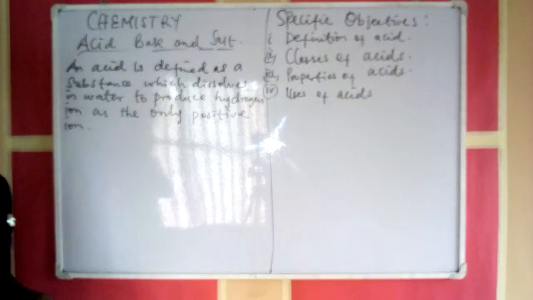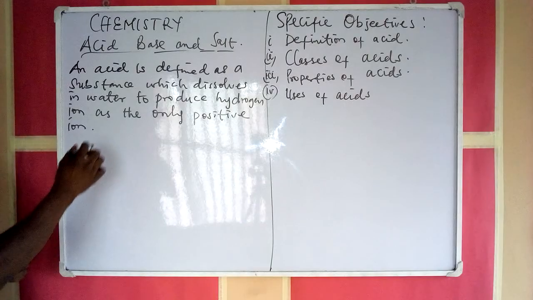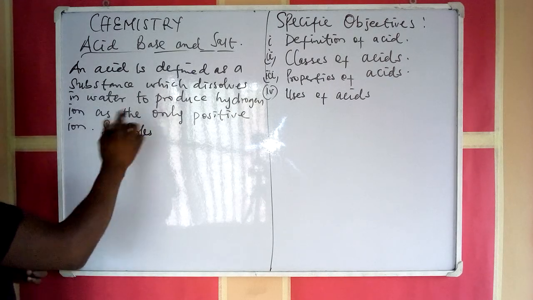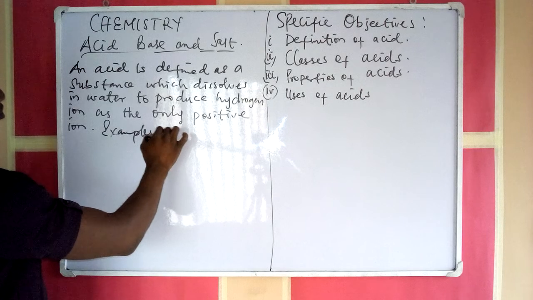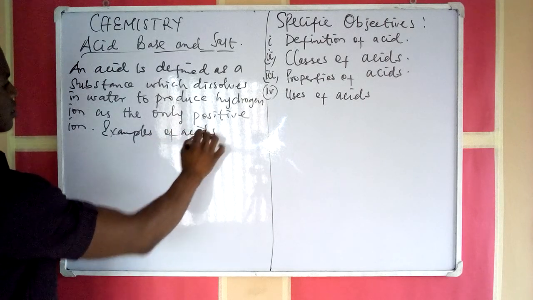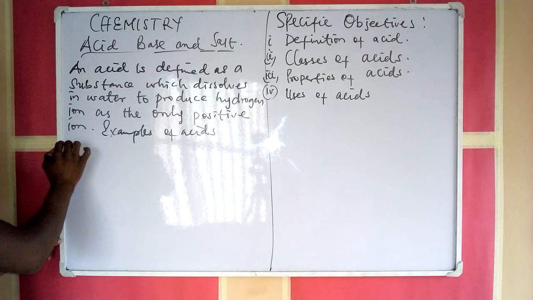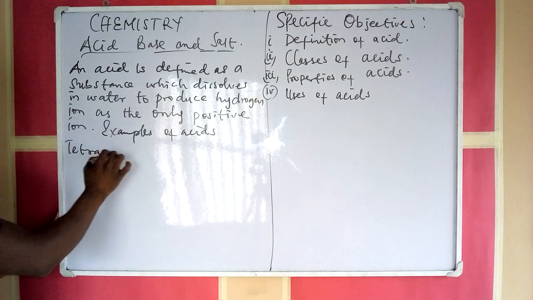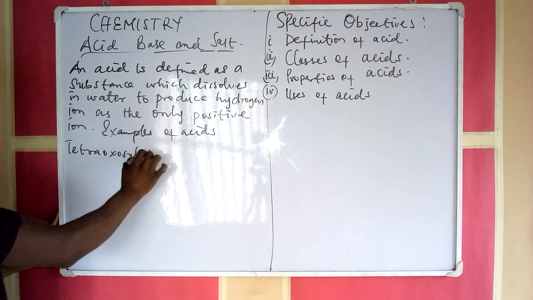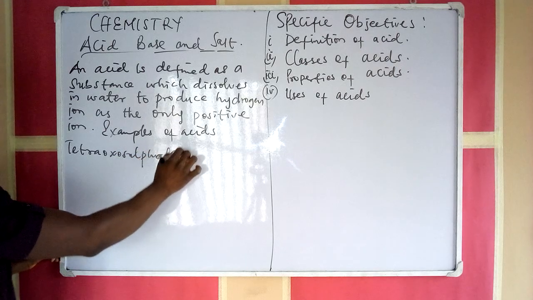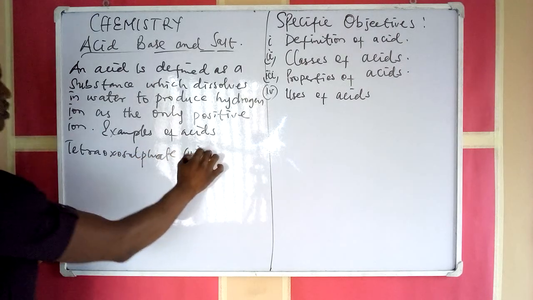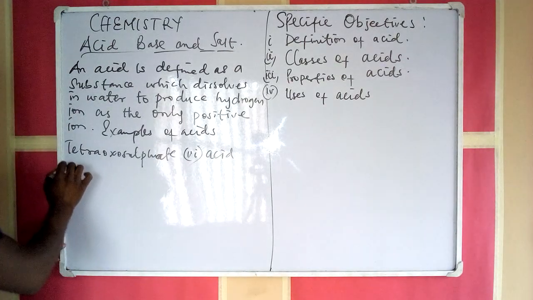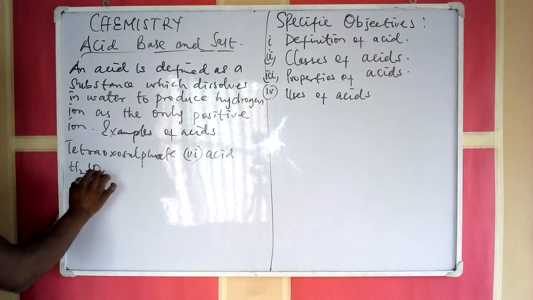Let us take a look at examples of an acid. Examples of acids: tetraoxosulfate 6 acid, which is H2SO4.